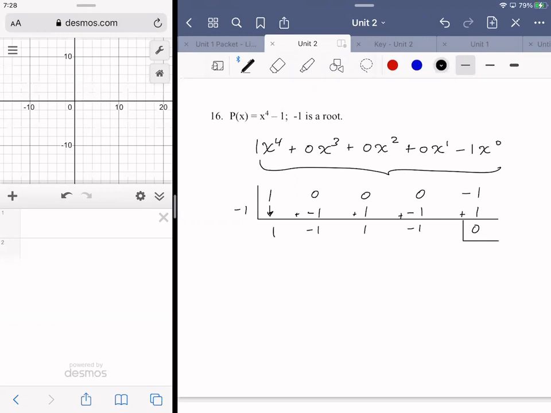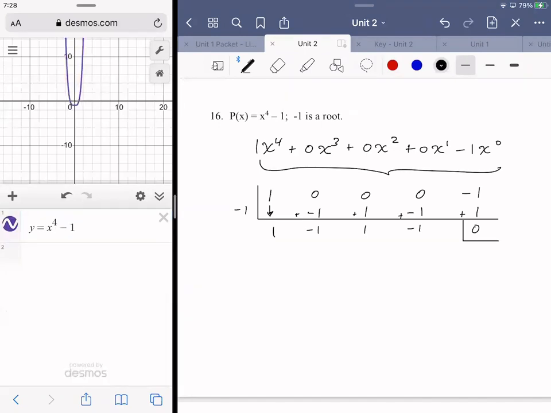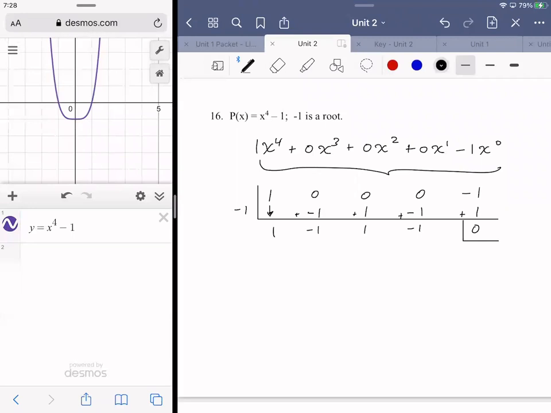All right. So if I take a look at the graph, y equals x raised to the 4th minus 1, I see here, just like that other crazy problem, they gave us the one root at -1, but I also see that there's one at +1.